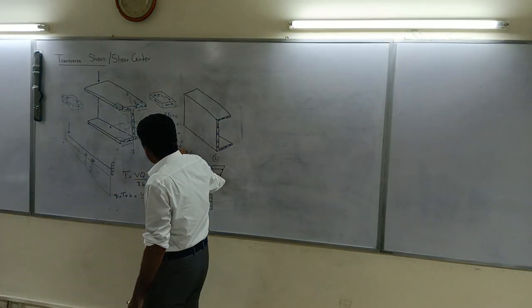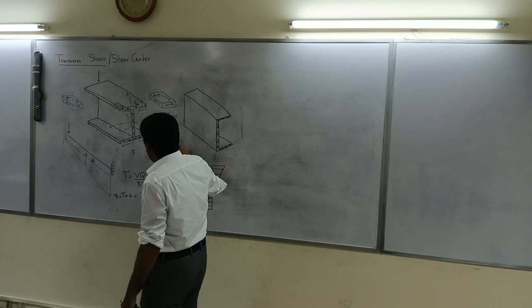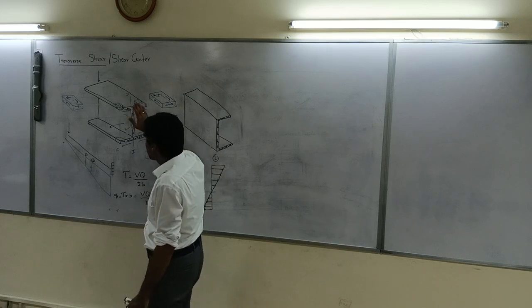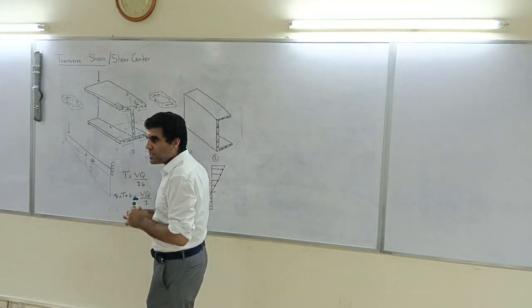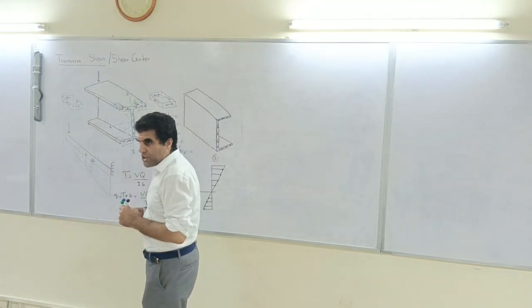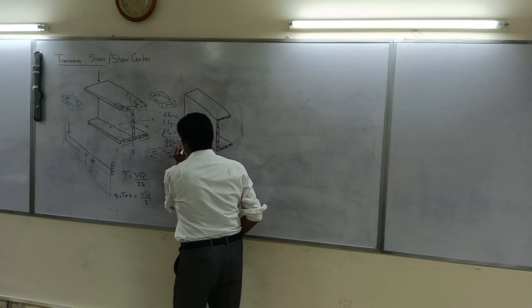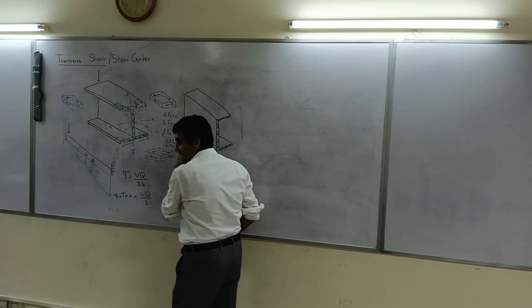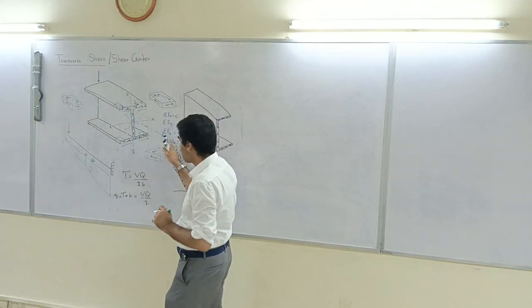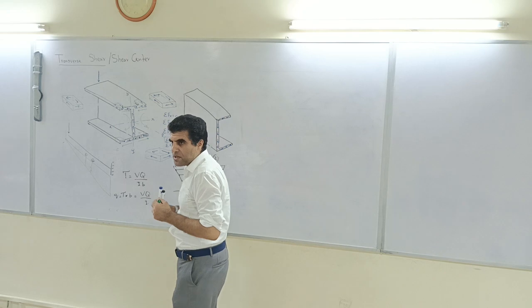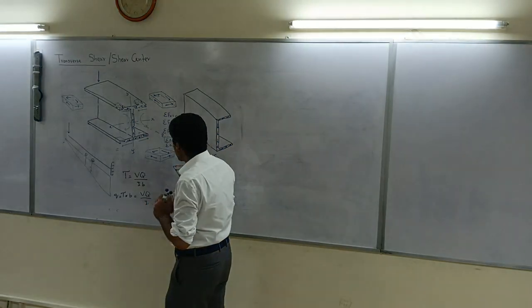Summation of moment about x-axis is equal to 0. So in other words, that is actually the flexure moment. This one is the flexure one, and from this you get stress is equal to My over I. That condition you get from here, so that is automatically embedded in this.